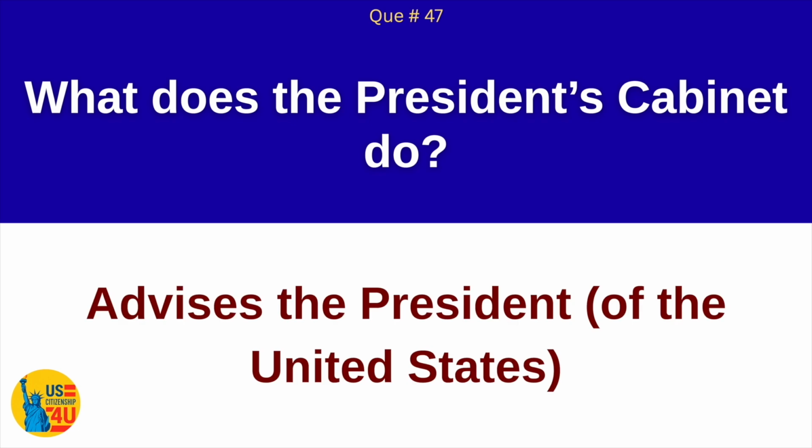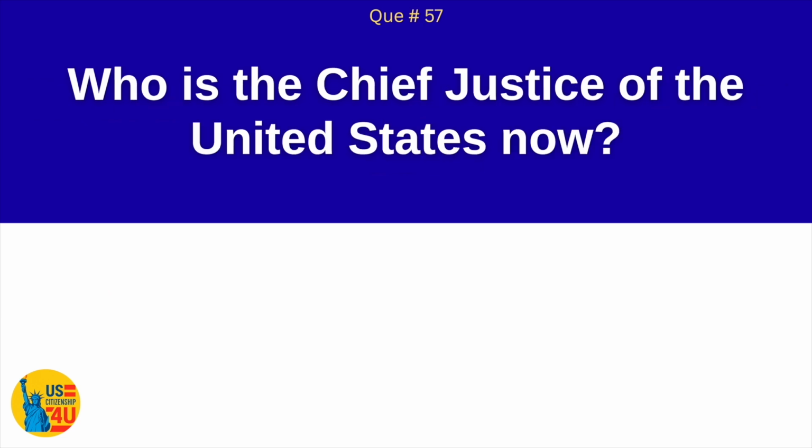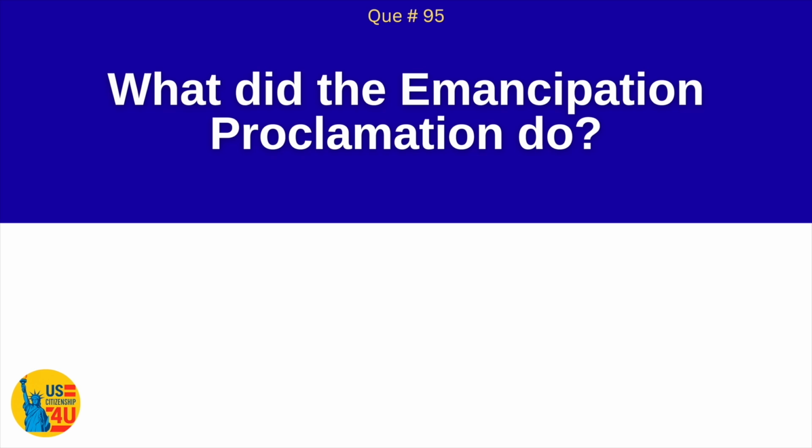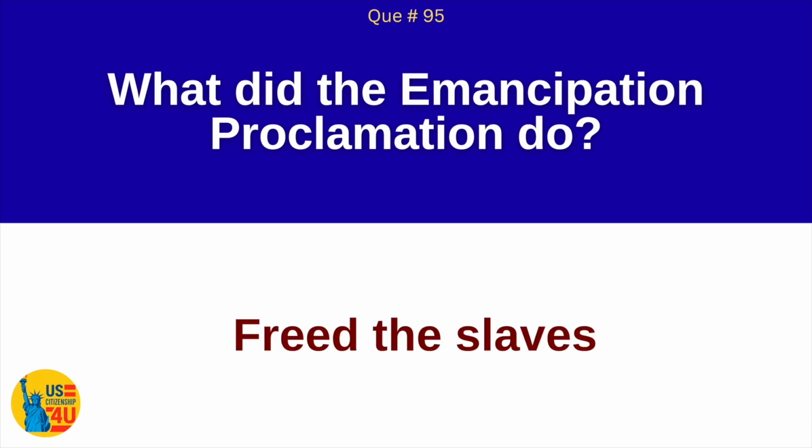Advises the President of the United States. Who is the Chief Justice of the United States now? John Roberts. What did the Emancipation Proclamation do? Freed the slaves.